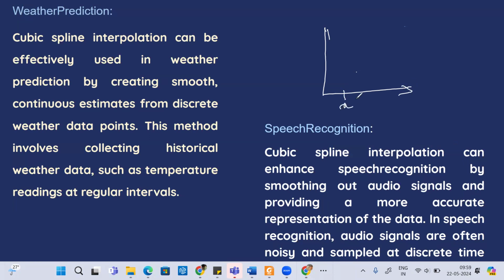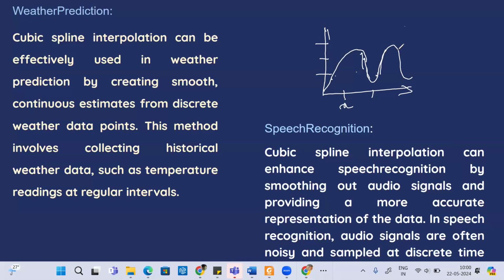The x-axis denotes the weather stations, and the y-axis denotes the temperature. And we will get a graph like a curve, but there are a lot of gaps between these points on the x-axis, and there will be noise.